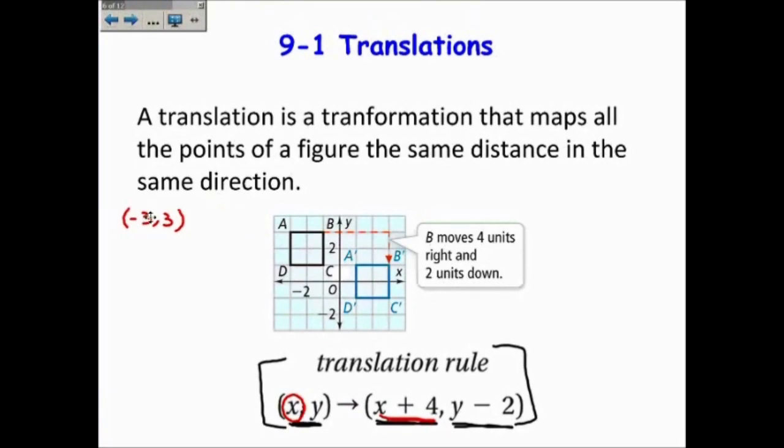This maps A to A prime, +1. Now 3 is the y-coordinate. Now if I take y and I subtract 2, 3 minus 2 would also be 1. Okay, so A prime becomes the point 1, 1, which is right here, which is what the picture shows.